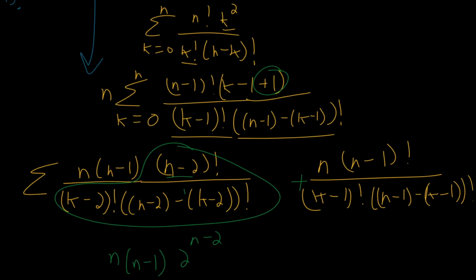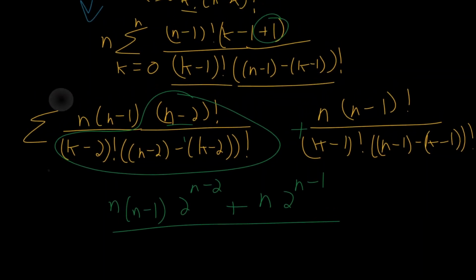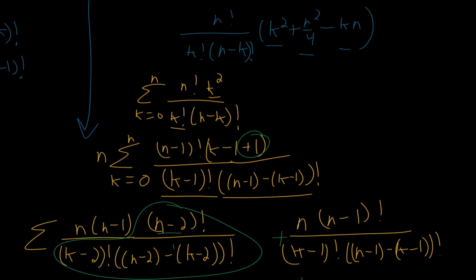But this right here is just going to be plus n times 2 to the n minus 1, because we already evaluated the sum for our mean. So this right here is roughly half of what we need for finding the variance.